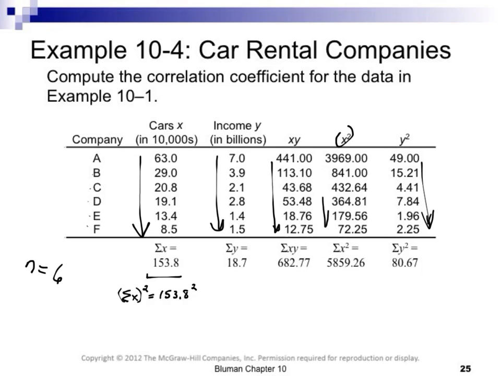And you're going to need the sum of your y, all of that squared, which is going to be 18.7 squared. So you've got to realize again the difference between these and these. It's going to be a very different number.